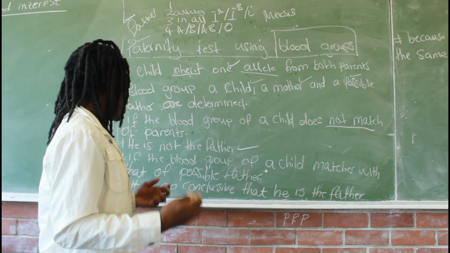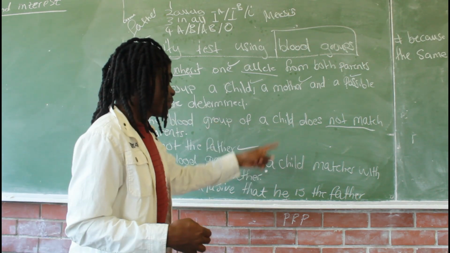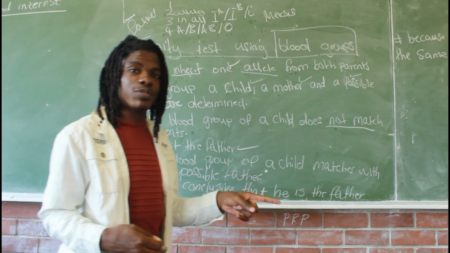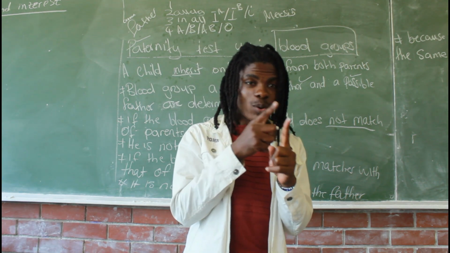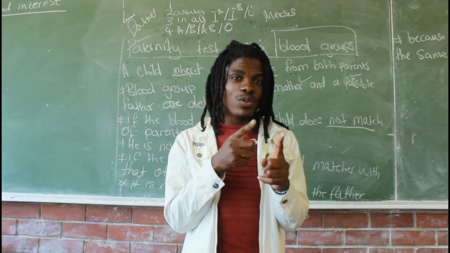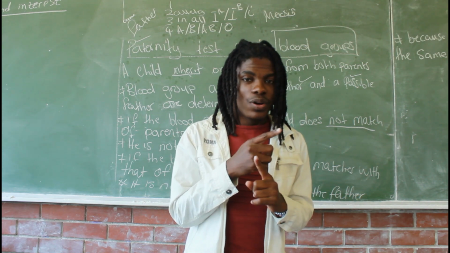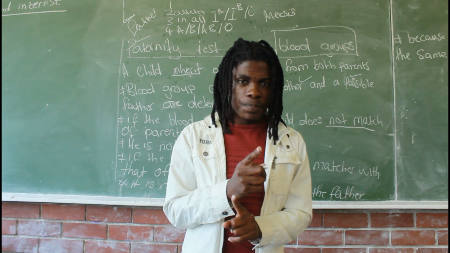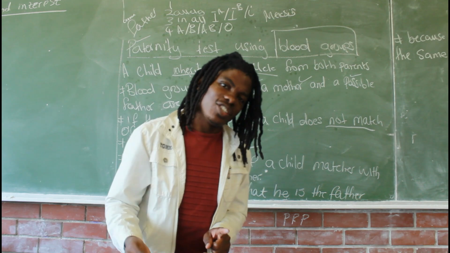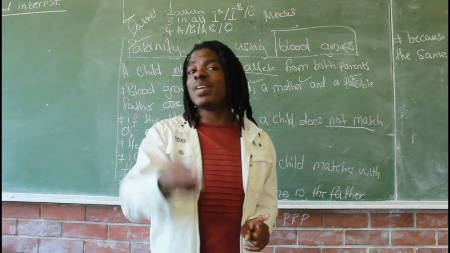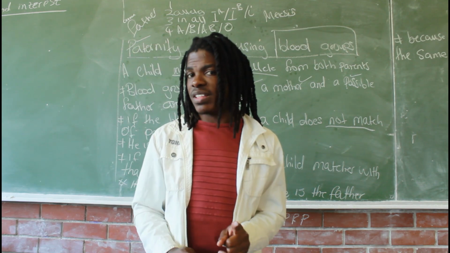What then happens if the blood group of a child matches that of the possible father? Now their blood groups are matching. They are both A, or both AB, or both O. So there is a match there. What does this tell you? As much as they can match, it doesn't necessarily mean that he is the father.